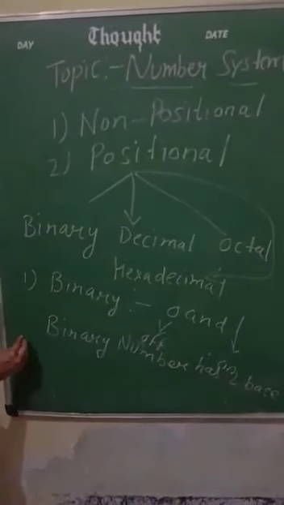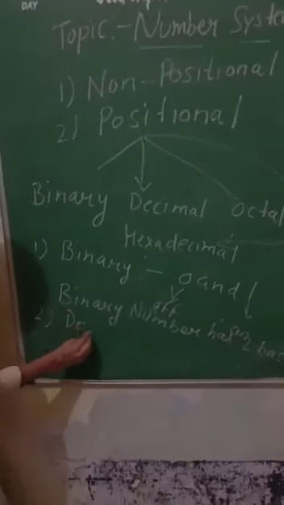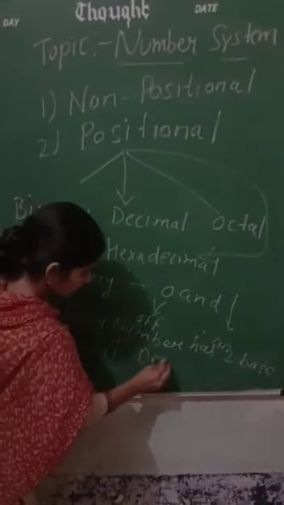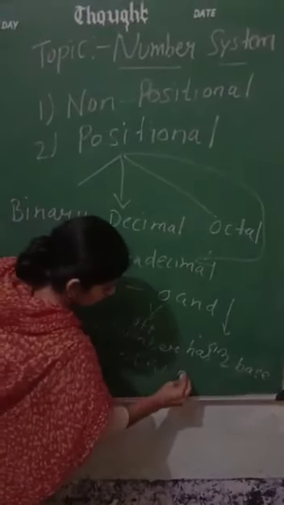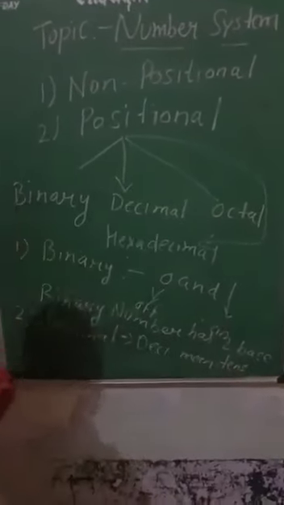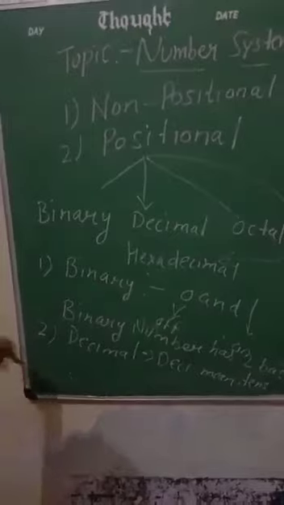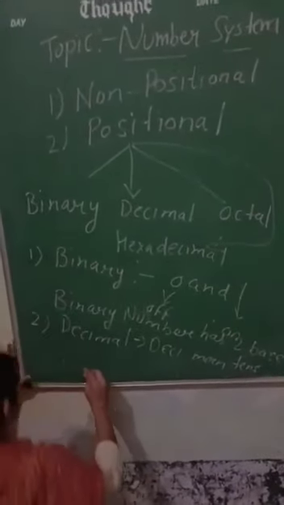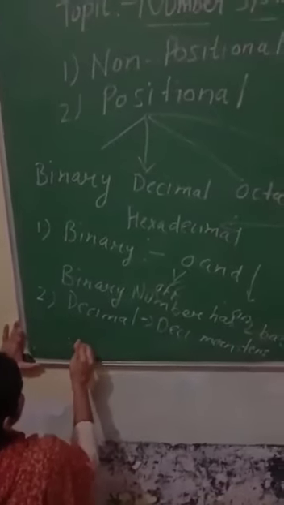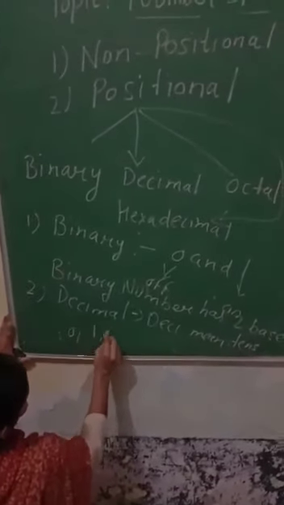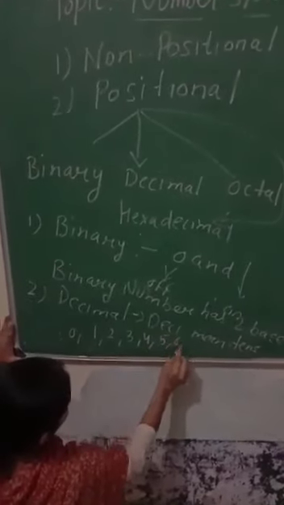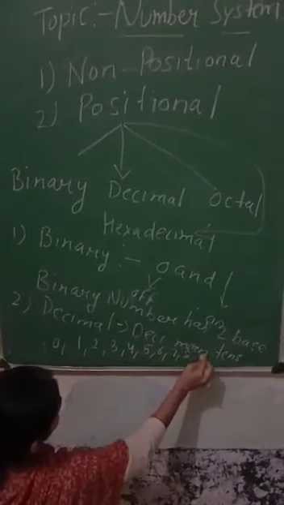The second one is the decimal number system. Deci means tens. Decimal means tens, so the values are 0, 1, 2, 3, 4, 5, 6, 7, 8, 9.